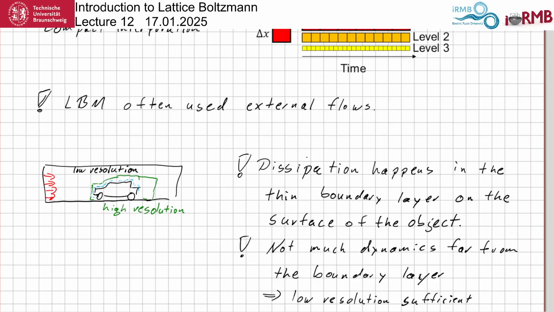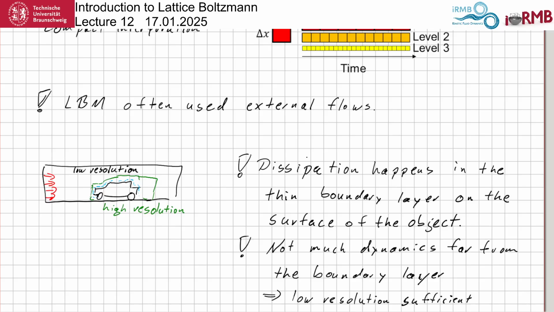For example, I note that there are people potentially here in the audience that like to simulate wind farms. And now imagine you want to resolve your structure. There is a structure that you need to resolve inside or around this wind turbine, and then you'll want to place this wind farm in an environment that you study on the scale of tens of kilometers in all directions. Then it's just not feasible to have one resolution.